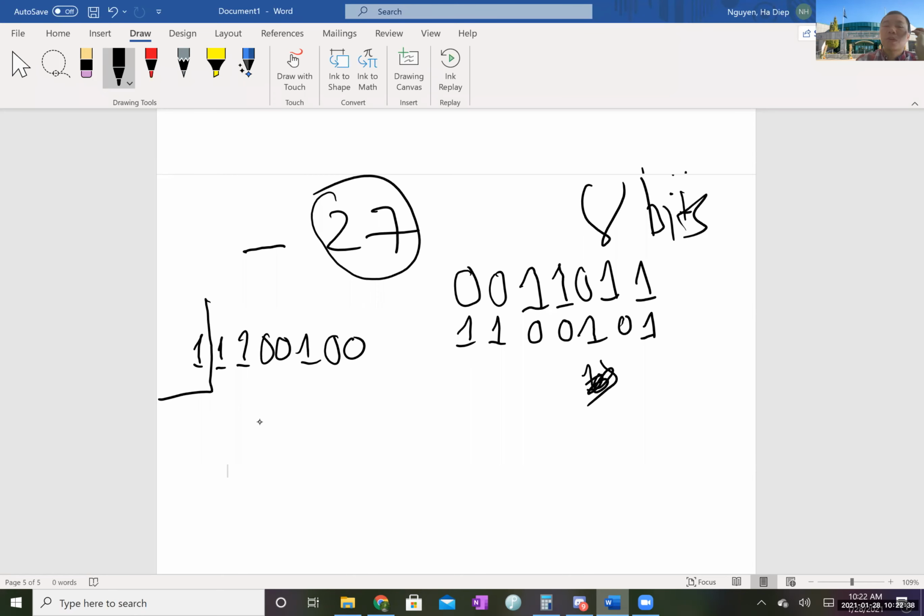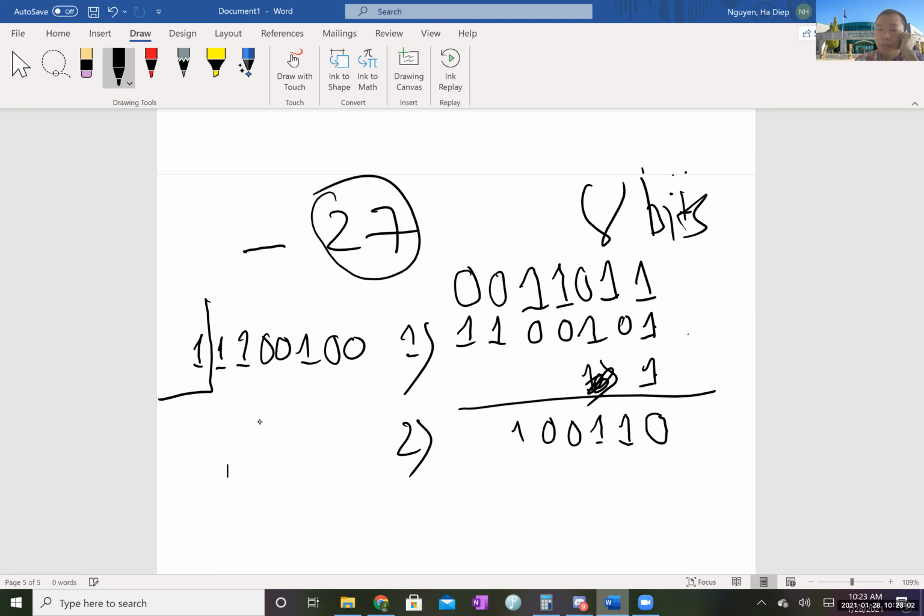Now for the two's complement, the first step is the one's complement. The next step, you have to add 1 here. So you add 1, and 1 and 1 gives 0, with a carry of 1. That's why you have 0 and 1 here. And this one, you have 1, 0, 0, 1, 1 here.